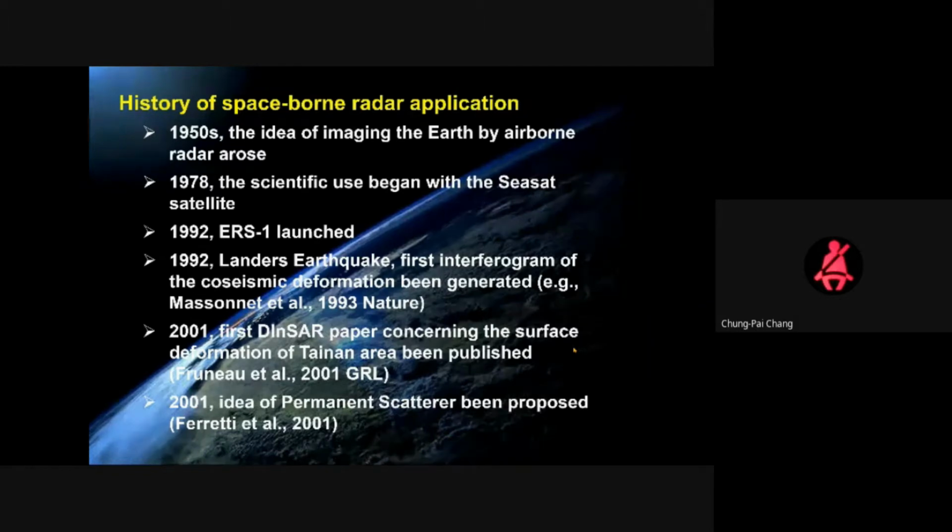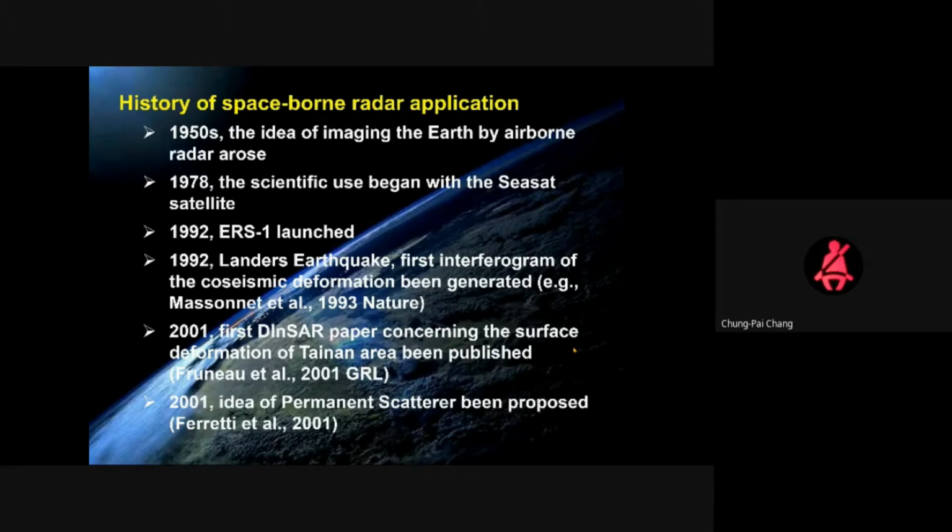But the idea of imaging the Earth by airborne radar arose in 1950, and after almost 20, 30 years of hard work, they finally launched the first one, SEASAT-1. But this satellite was soon decommissioned, I mean, phased out. So not many images were taken for users.